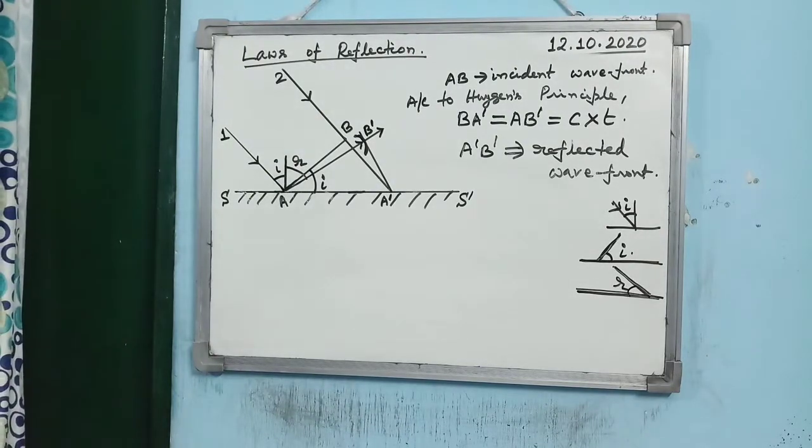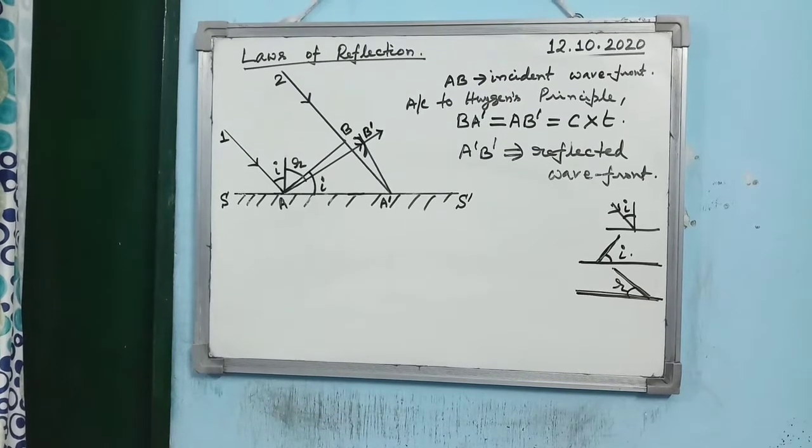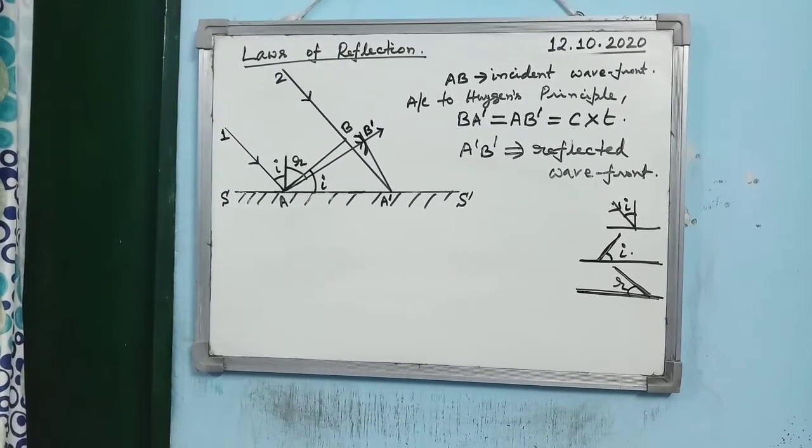Alright, so here in this case you see angle BAA dash is equal to angle I and angle B dash A A dash is equal to angle of reflection R.